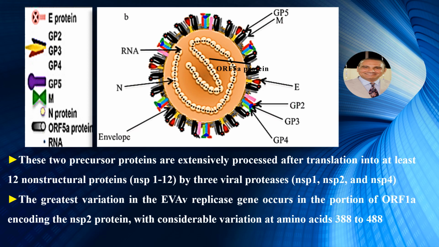The greatest variation in the equine viral arthritis virus replicase gene occurs in the protein of ORF1A, encoding the non-structural protein 2 protein with considerable variation at amino acid 388 to 488.